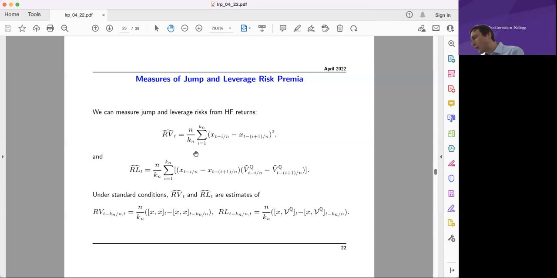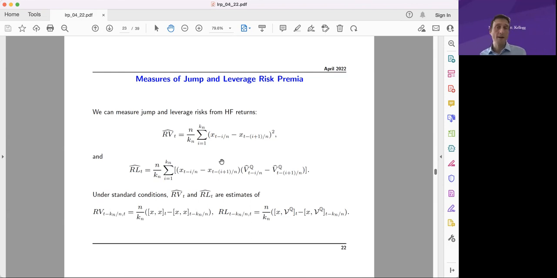Okay. Now, as usual, we will need to contrast these estimators, which are backed out from options, with ones constructed from returns. That's relatively simple because I'm not asking for much, in fact. Realized volatility is just the sum of squared returns, nothing to say here. Realized leverage is just a sample covariance between price innovations and volatility innovations, okay?